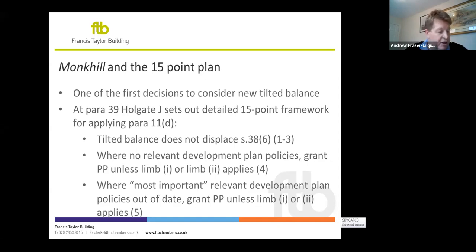What the language says, it's paragraph 172 of the new NPPF, suggests that great weight should be given to conserving and enhancing landscape and scenic beauty in national parks, the Broads and AONBs. Nothing more, simply that great weight should be given to that factor.